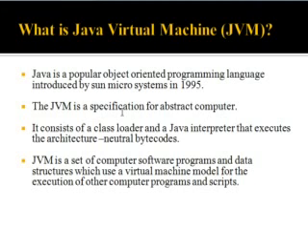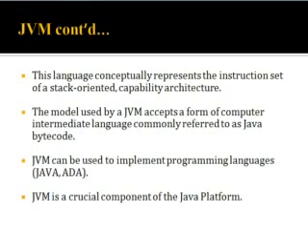A JVM can also be used to implement programming languages other than Java. The JVM is a crucial component of the Java platform because JVMs are available for many hardware and software platforms.